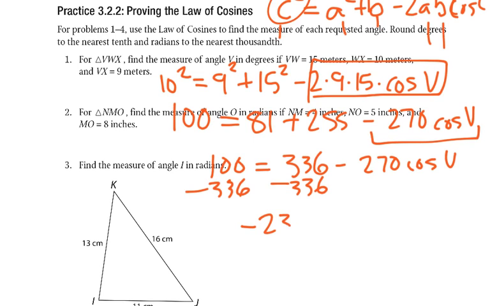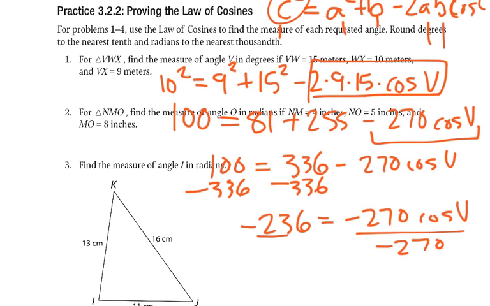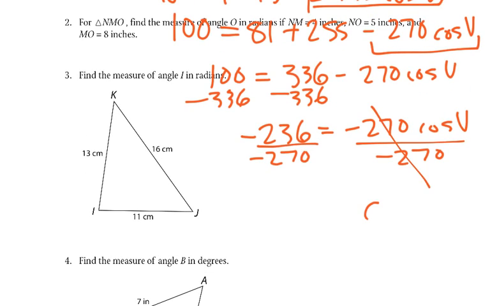We get negative 206 equals negative 270 cosine of V. Divide by negative 270. Anytime you're finding an angle, it's basically the same process. It's kind of lengthy. Cosine of V equals negative 206 divided by negative 270, and that's going to give me either a simplified fraction or a decimal.